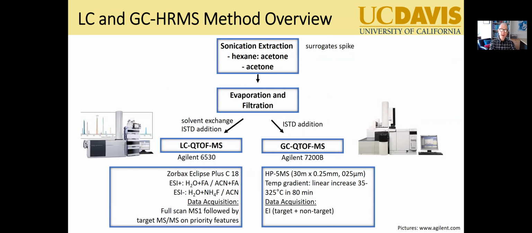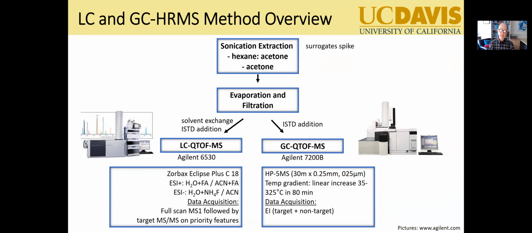So to provide an overview of our analytical method, it's a fairly straightforward and not all that exciting set of sample processing. So we take sieved ash samples from these sites. We do a quick sonication extraction sequenced with hexane, acetone, and then acetone. We evaporate that, filter it.